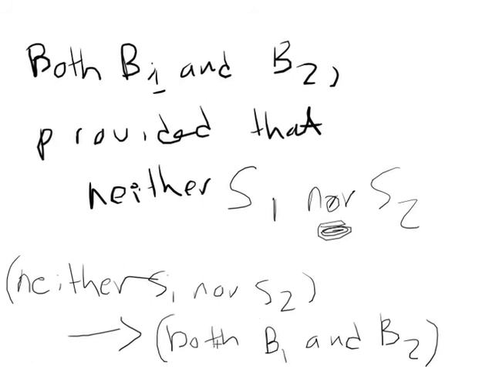And the consequent is that both B1 and B2. So now the final steps of our method is that we're going to work on the antecedent and the consequent individually. So we're going to translate neither S1 nor S2, and then we're going to translate fully both B1 and B2. And then we're going to plug in those translations into what we have here. So let's do that.